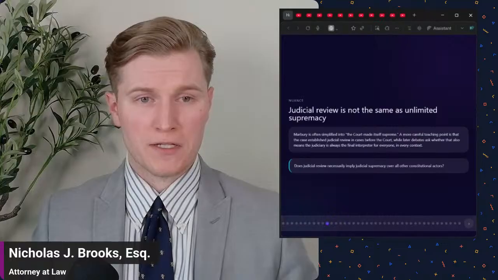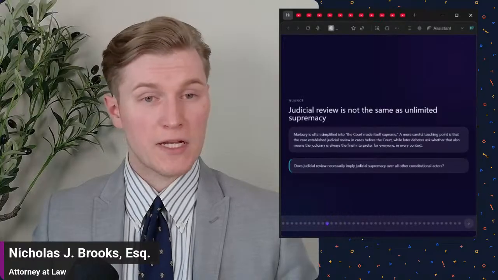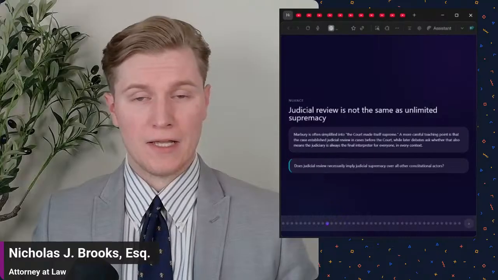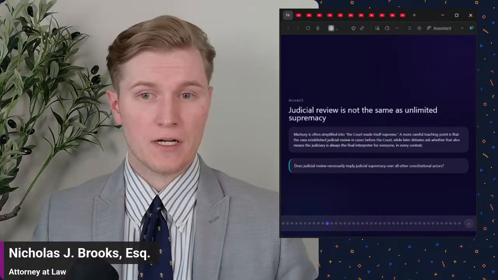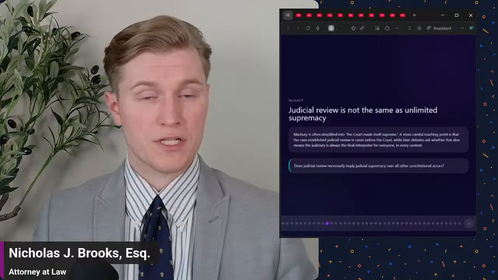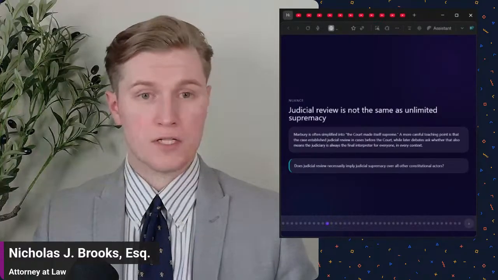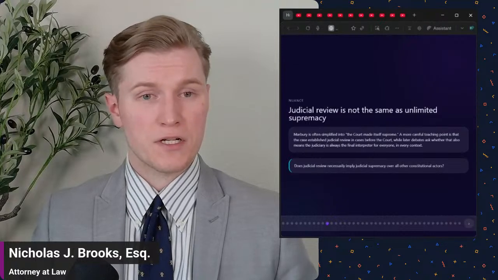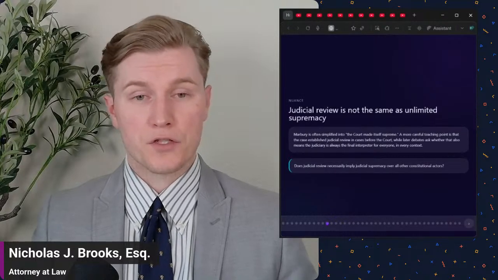So we got a question here at the bottom: does judicial review necessarily imply judicial supremacy over all other constitutional actors? And so, what that means is this: imagine the president makes an executive order, right? Or Congress passes a law and then it's signed by the president. Well, who gets to decide if that law, whether it's passed through an executive order or through the Congress signed by the president, as the Constitution provides, who gets to decide if that's unconstitutional? The Supreme Court.